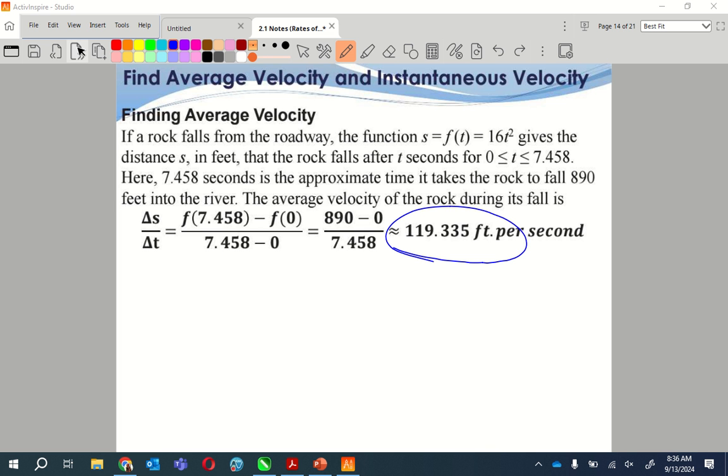When you finally hit the water, are you traveling that fast or faster? You're probably traveling faster, right? So that's where that comes from. Average is just in between the two speeds. Since I start off going 0 and at the end I'm going really fast, that's what the average is. It's still pretty fast. And try not to belly flop because that really hurts.